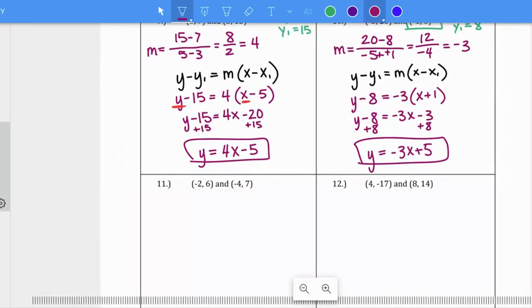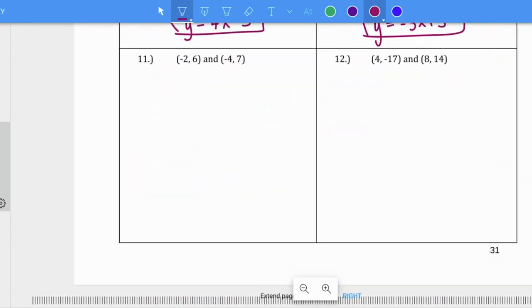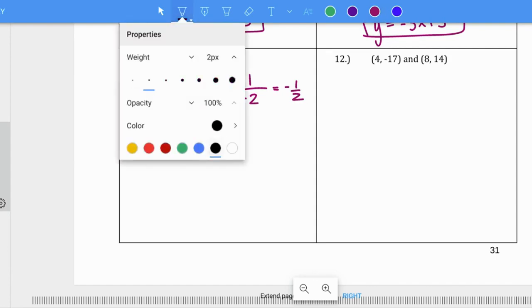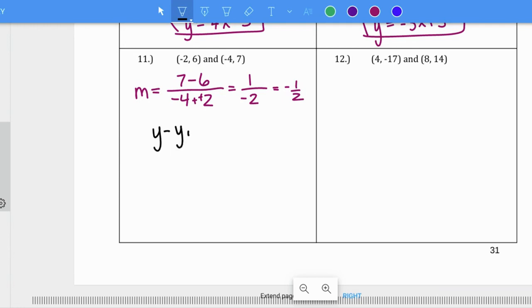All right. Last two. Find slope. Write my equation in point slope form. Let's see. I'll use this one. Why not do this one? X1 is -2.